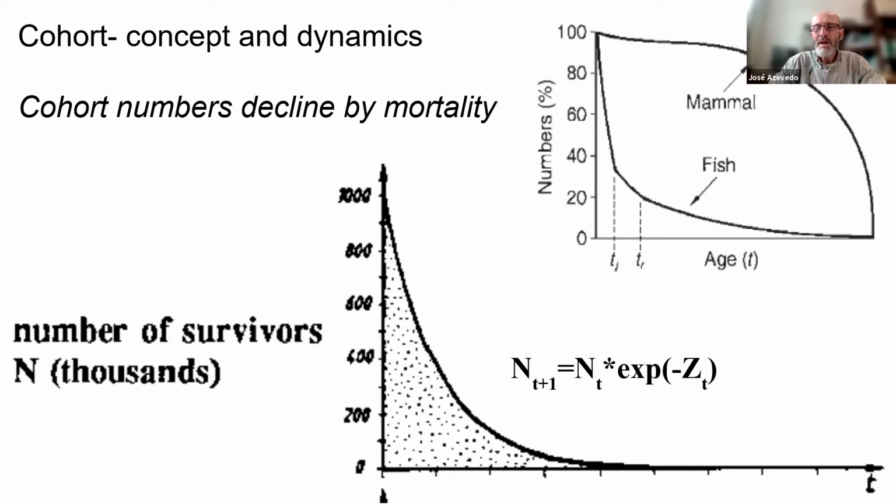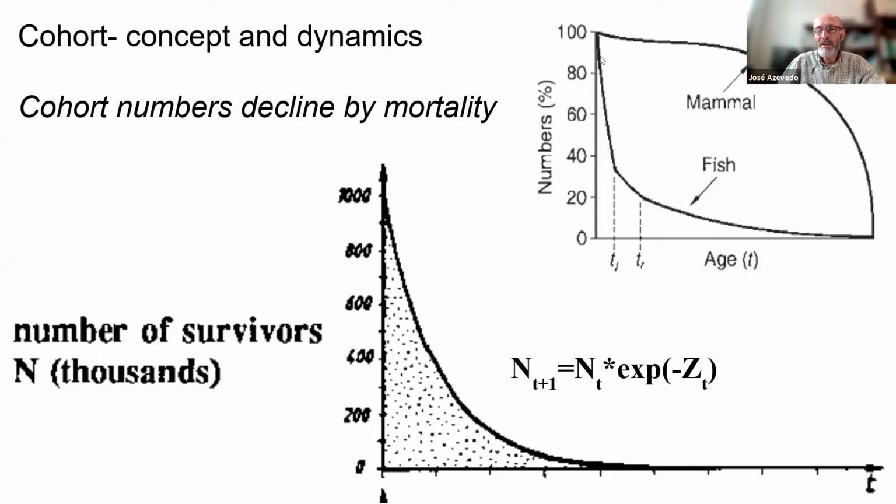Most fish, and I'm particularly talking about bony fish, these considerations may not apply to sharks and rays, but in bony fish, the usual dynamics is that fish are produced in large numbers, and then they have high mortality when they're young, and the mortality decreases as they get older, right?